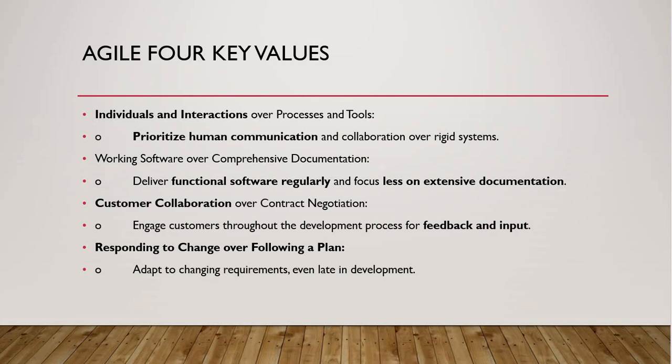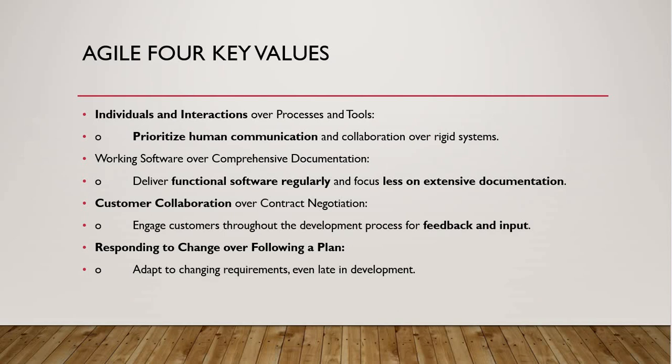Okay. So second one is working software over comprehensive documentation, which means deliver the functional software regularly and focus less on extensive documentation. So whenever we finish a certain step or we have a certain output for that stage, we show that to the customer or to the stakeholder to get their opinion or their response.